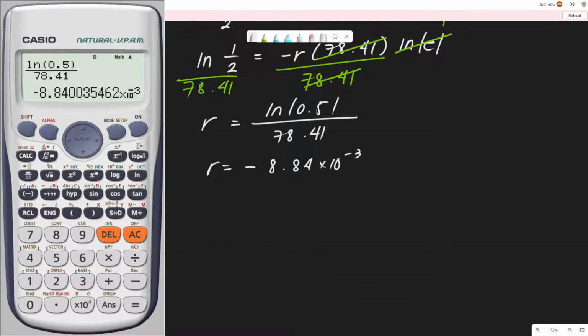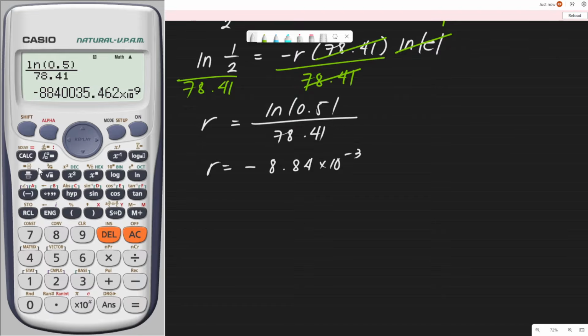Or, if you want the decimal form, that is also possible. What are we going to do? Press shift then eng if you want the exponent going toward zero or the positive side.